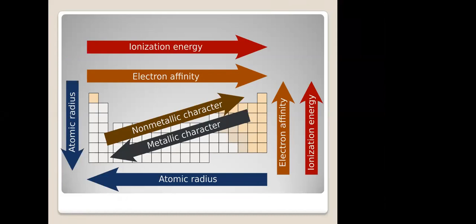Now, as you go down the periodic table, what's the first thing you should remember? The atomic size is going to increase, which means the pull of the electrons from the nucleus is going to decrease.